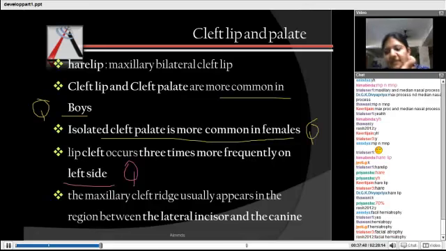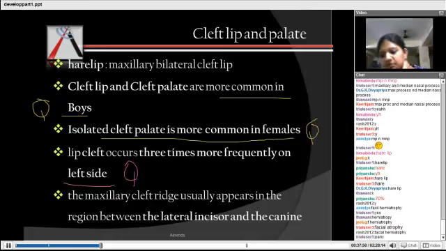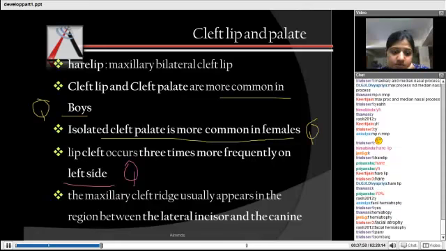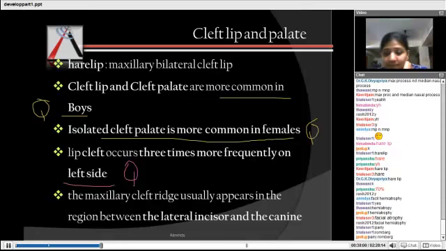Yeah, we had seen hemiatrophy to be more common on the left hand side, which we also called Paraoral syndrome. Now we have one more thing that's more common on the left side, and that is cleft lip. Make a box in your notes for conditions which are common on the left side. So we already have 2 in that list, isolated cleft lip and Paraoral syndrome.